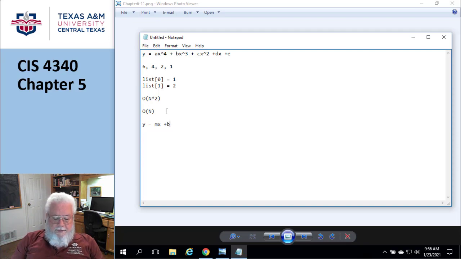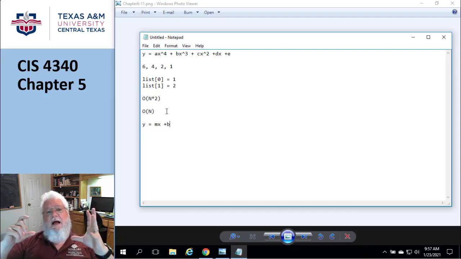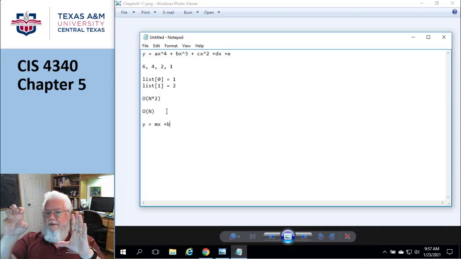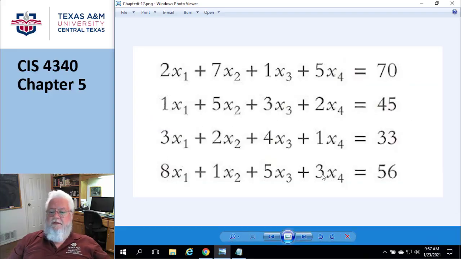So linear equations in this particular case mean something slightly different. What this means is I've got some linear equations, but I don't know... I've got an equation, I know what the answer is, but I don't know what the value of x is. So this is one of those scenarios. Let's say that some value of x1, and then some value of x2, and then some value of x3, and some value of x4.